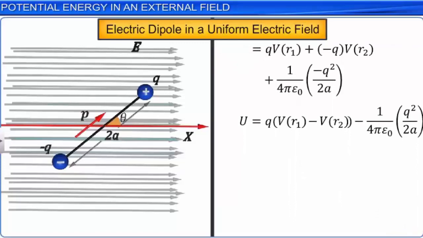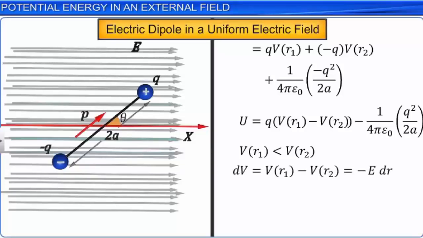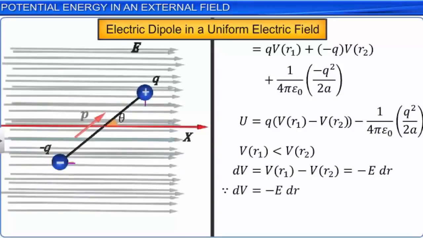We can further simplify V of R1 minus V of R2 as follows. V of R1 will be less than V of R2, since potential decreases in the direction of the field. We can say dV is equal to V of R1 minus V of R2, which is equal to minus E dR. Since dV is equal to minus E dR, from the figure, dr is equal to 2a cos θ.